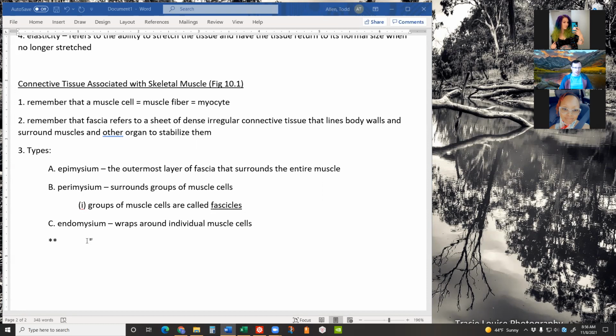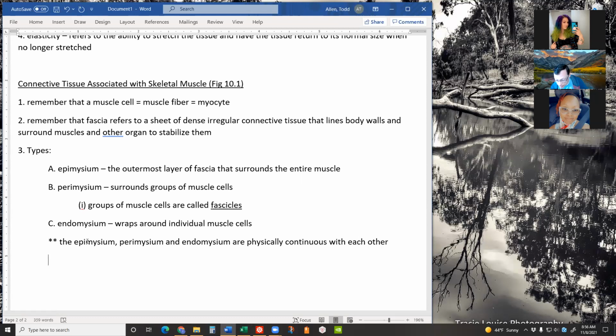Okay, so it's important that you appreciate that the epimysium, perimysium, and endomysium are physically continuous with each other. Okay.